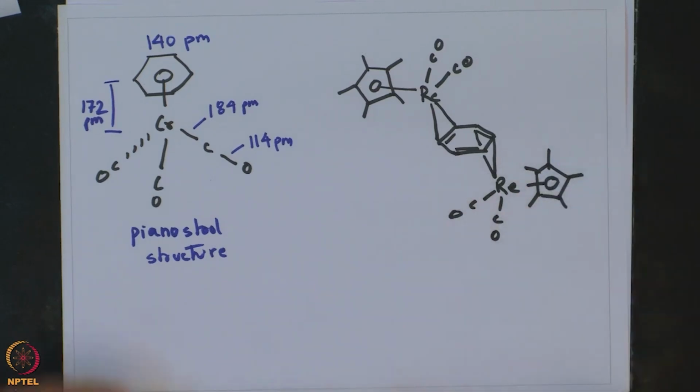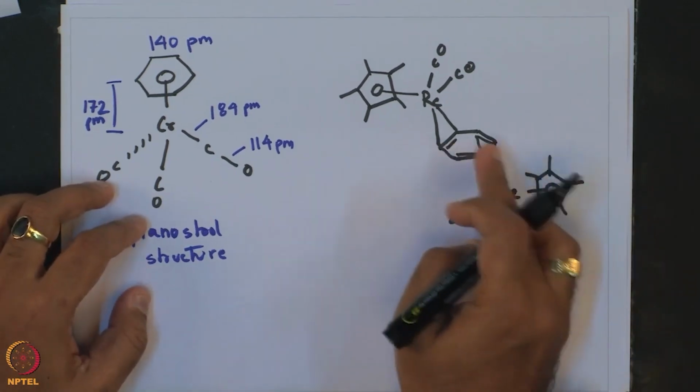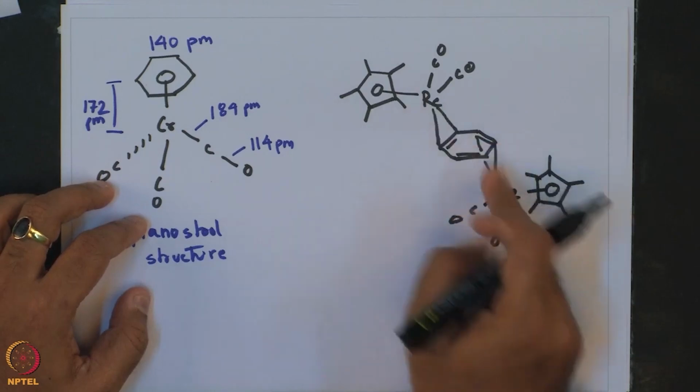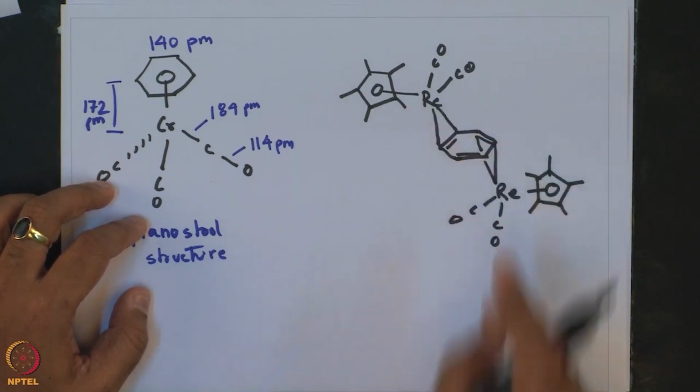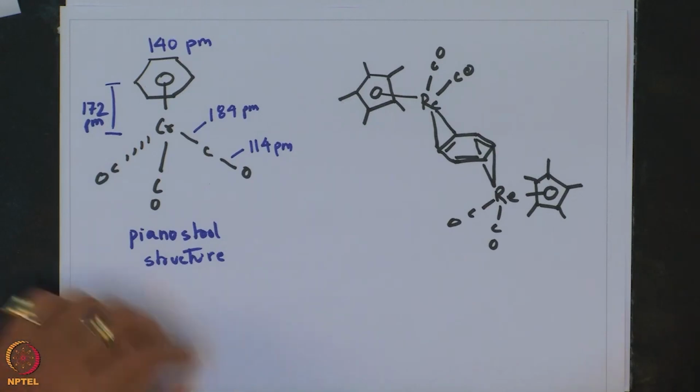So here we see a new kind of binding, where this arene moiety is bound in an eta 2 fashion to one rhenium and in an eta 2 fashion to another rhenium, giving this dinuclear structure.